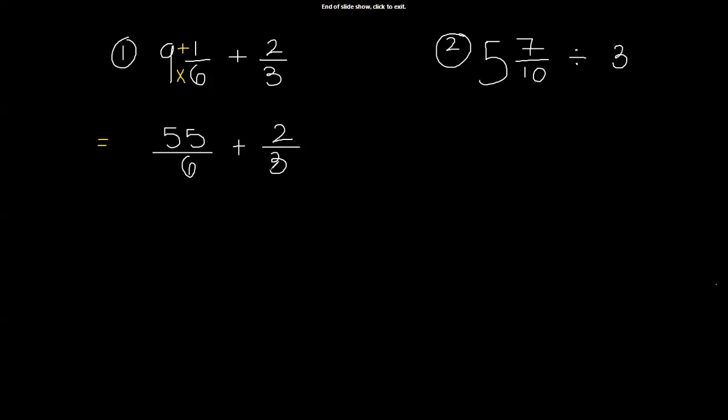Now, what's the next thing we're going to do? Find a common denominator. Find the lowest common multiple of 6 and 3. That's 6.